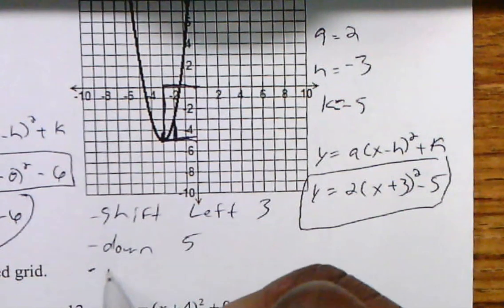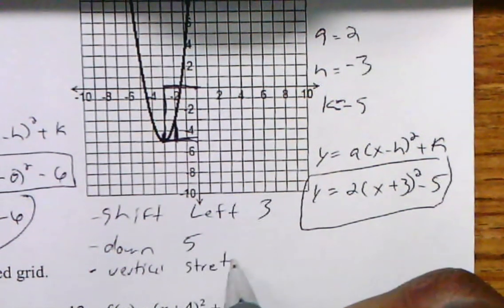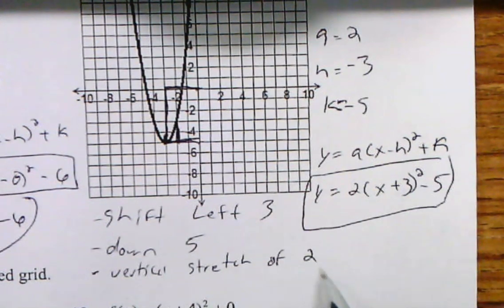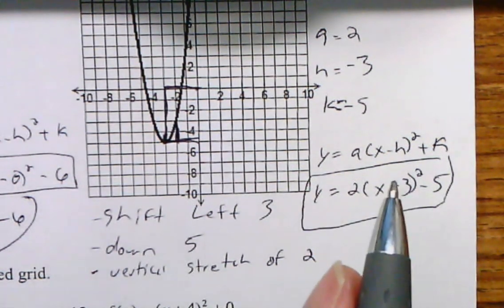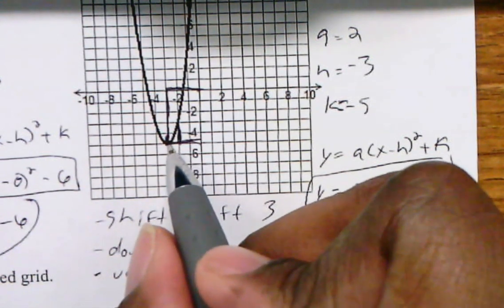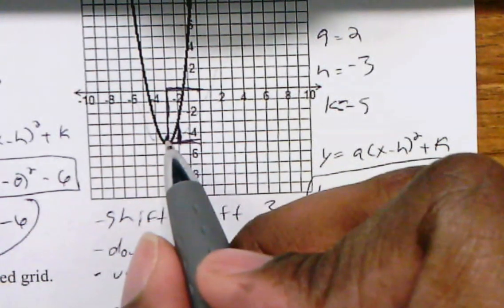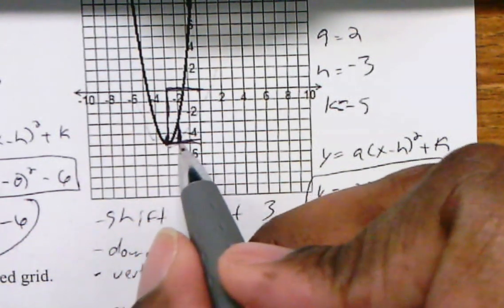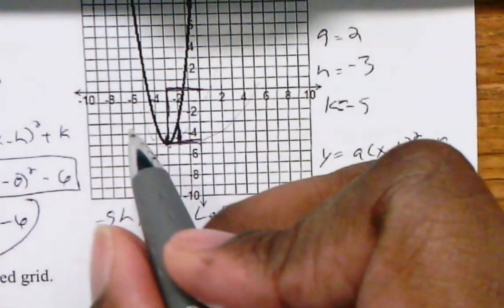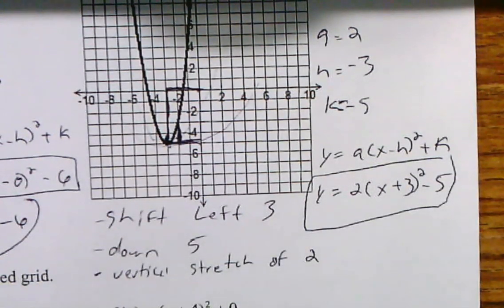So this is a vertical stretch of 2. So that's what that means. If A was 1, it'd be a wider graph. If A was a decimal between 0 and 1, it'd be an even wider graph. But the bigger the A value is, the narrower the graph gets. I can prove it using decimals, but that's what it means.